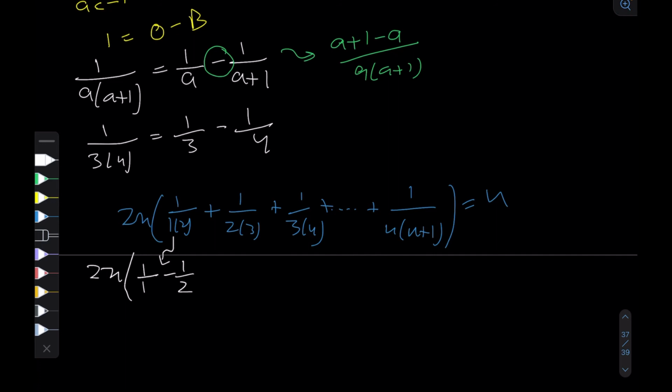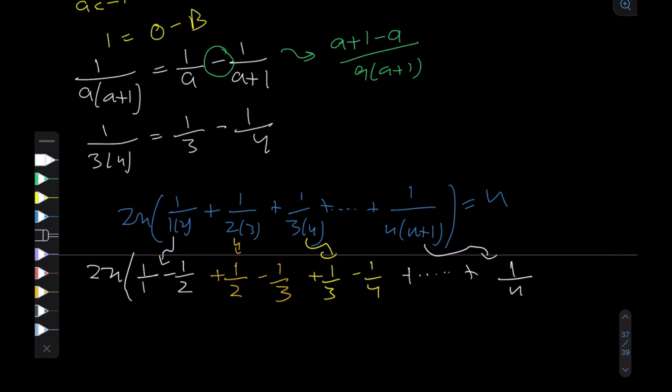This is me splitting up this part, and then this thing, let me choose a different color, will be plus 1 over 2 minus 1 over 3, and then plus 1 over 3 minus 1 over 4, and this continues on until you reach 1 over n minus 1 over n plus 1.